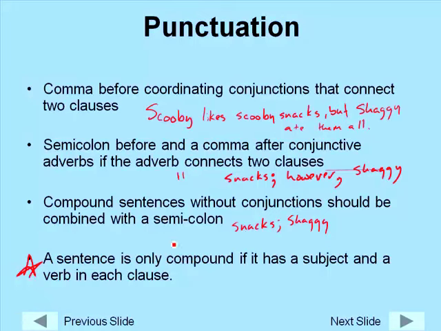Let me give you an example of that. So something like Scooby bought a van and painted it. So in this case, I've got the word "and" there, but I really don't have two clauses. I only have one. I have Scooby bought and painted, two verbs for one subject.